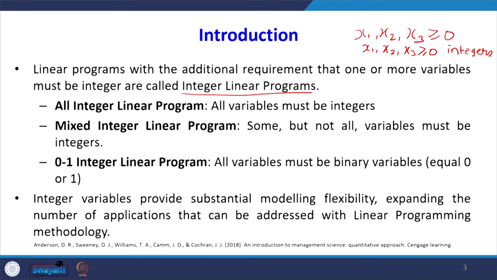In all integer linear programming, all the variables must be integers. Sometimes there is mixed integer linear programming, where some but not all variables must be integers. For example, among x1, x2, x3, maybe x1 may be an integer and x2, x3 may not be integers, but they are non-negative.